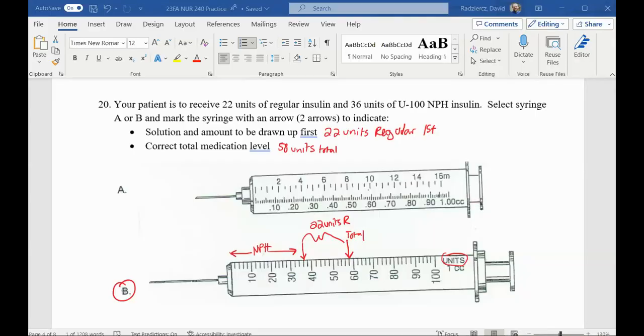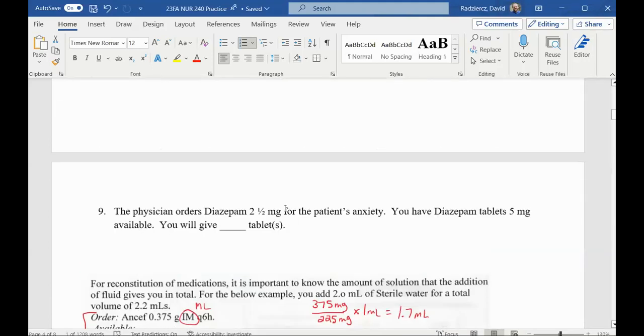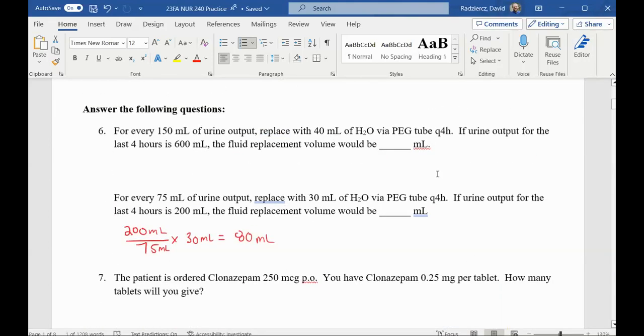For question number 6, it gives us the same amount of time, like every 4 hours. What if it's every 6 hours, like not the same amount of time?